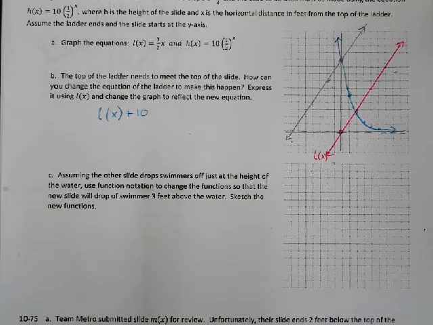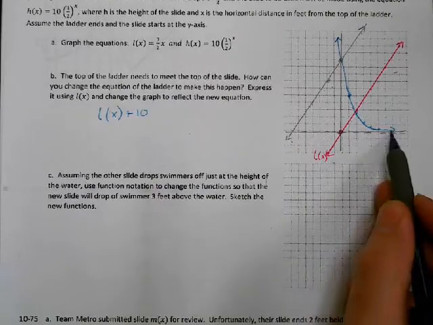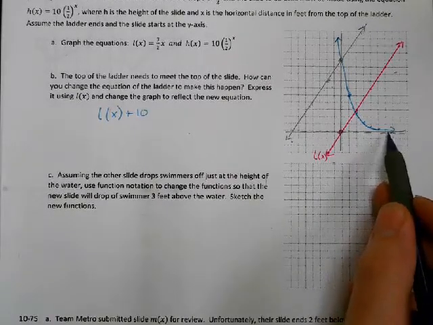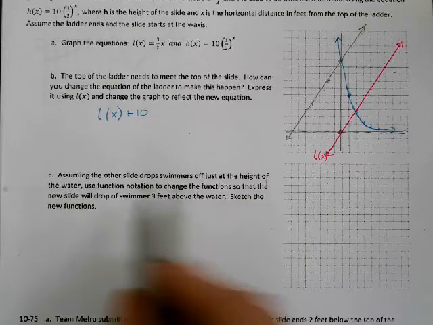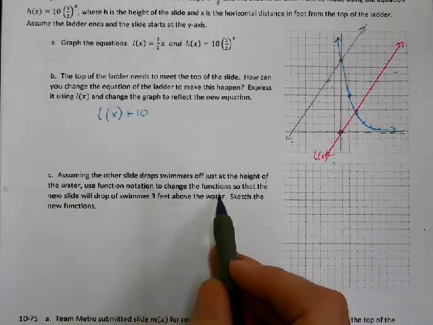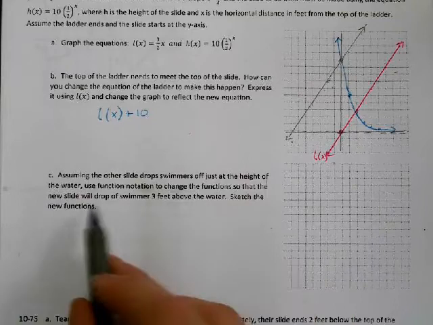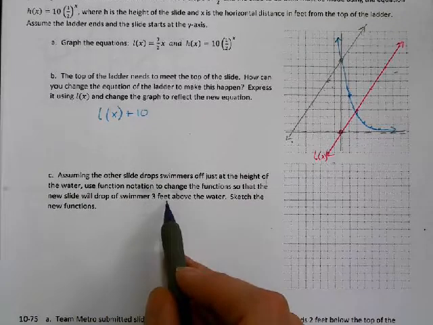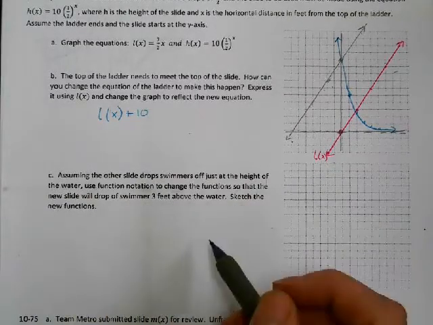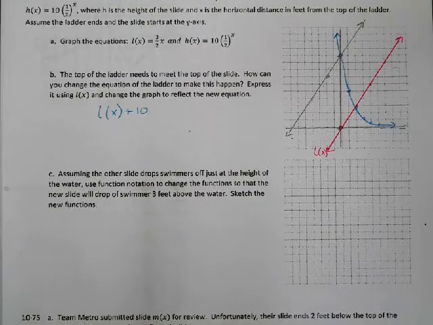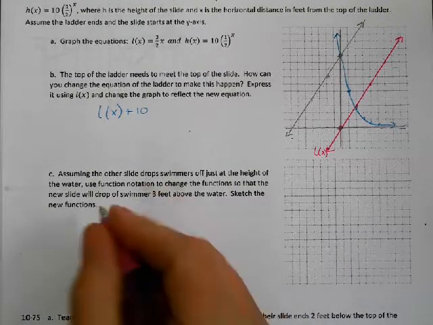Assuming the other slide drops swimmers off right at the height of the water, use function notation to change the functions so that the new slide will drop off a swimmer 3 feet above the water. All right, so let's start with L of x.